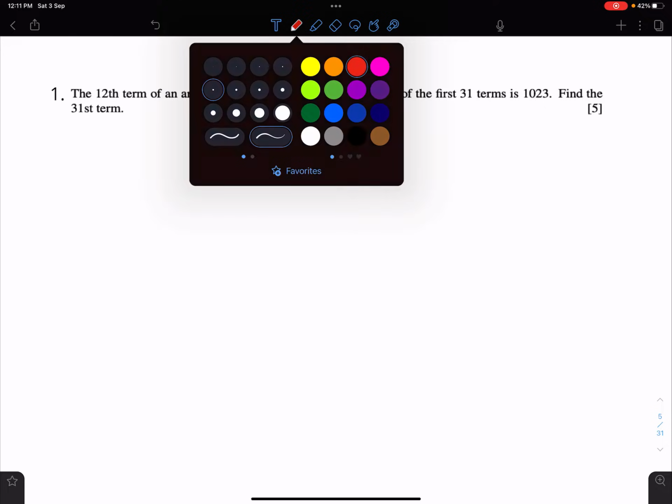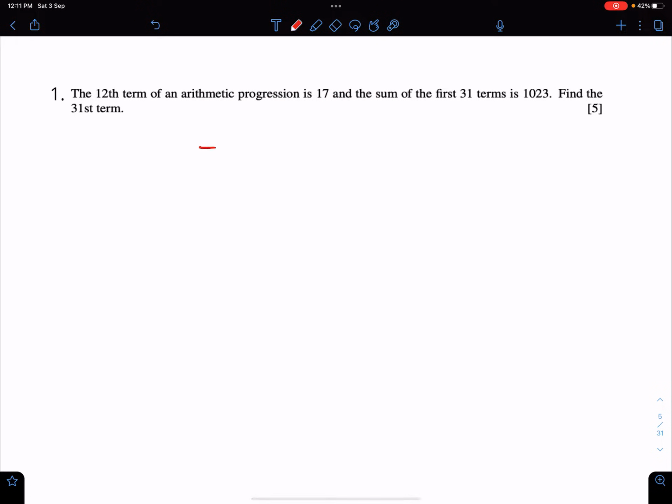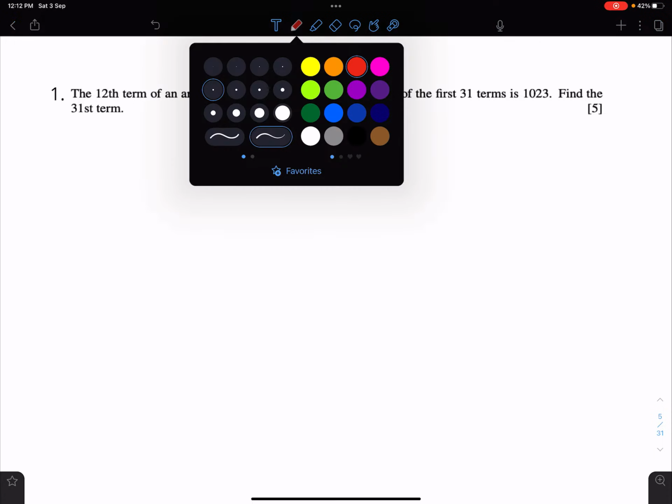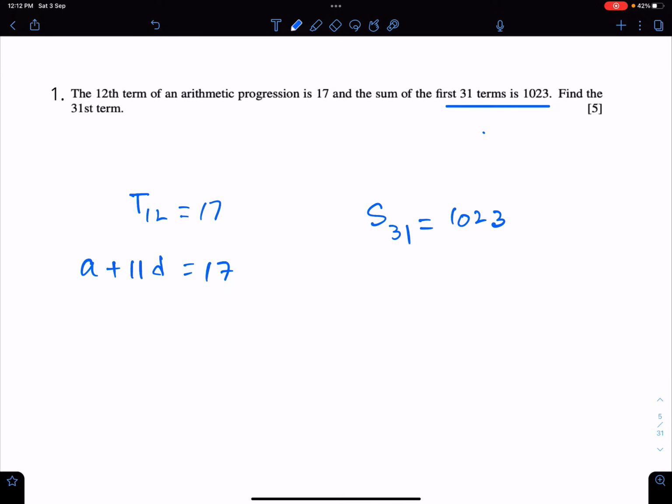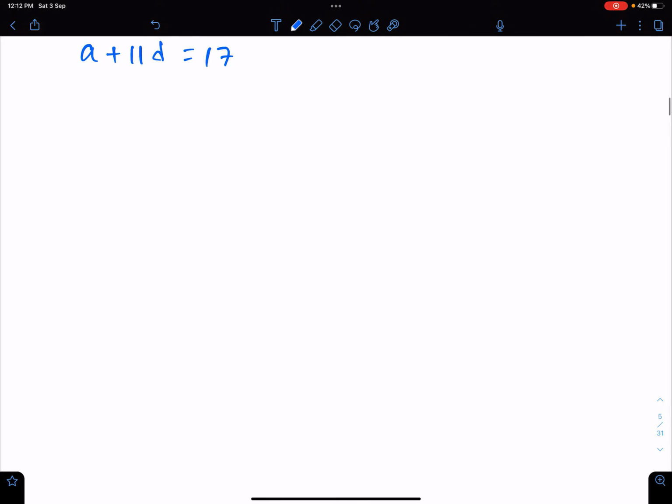So this means T12 is 17, so a plus 11d is 17. And the sum of the first 31 terms, S31, is 1023. Find the 31st term. The question is find T31.